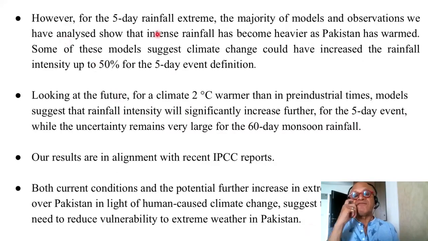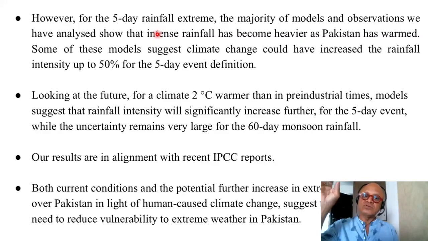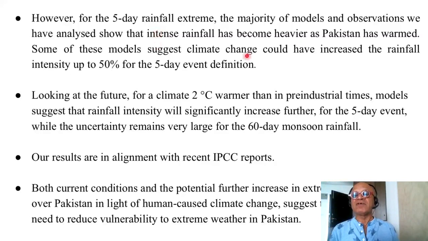However, for the 5-day rainfall extreme, the majority of models and observations we have analyzed show that intense rainfall has become heavier as Pakistan has warmed. So it's just relative change, pre-industrial versus current levels of greenhouse gases, and the models do produce heavy 5-day rainfall events over the Pakistani regions that we are looking at.